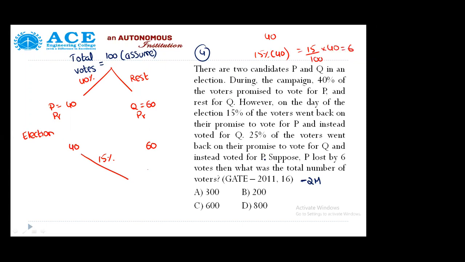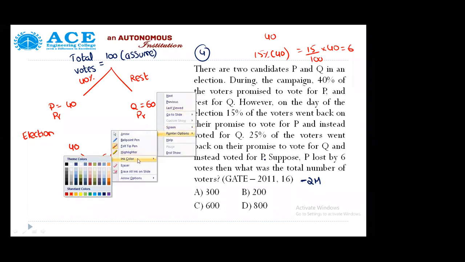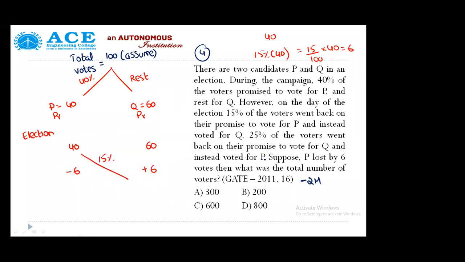Okay, 6 people added here, 6 people subtracted here. Why? You just read the question. 15% of those people who promised for P changed. That's what happened on the day of election: they changed the decision. Instead of voting for P, they voted for Q. Read the line clearly. 15% only of those who promised, not out of the total. Who promised, they shifted to this side.